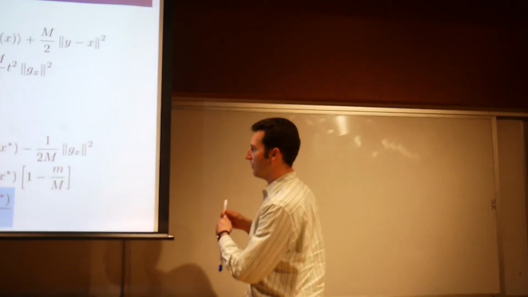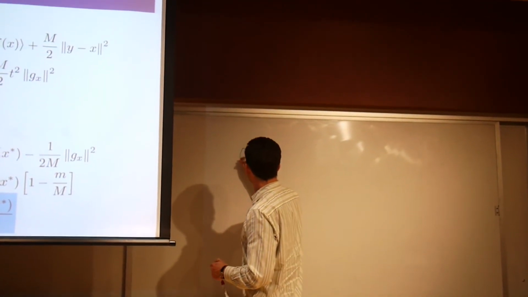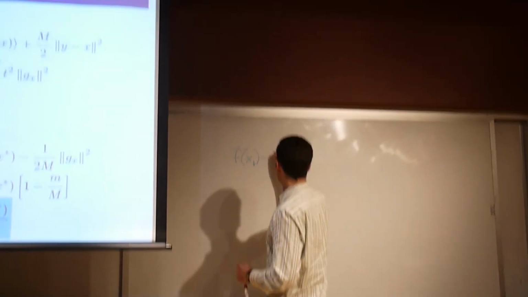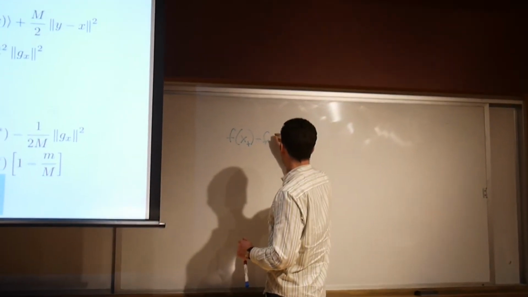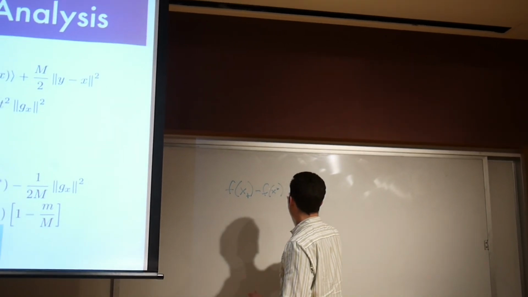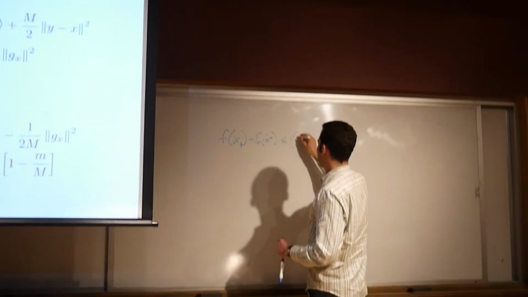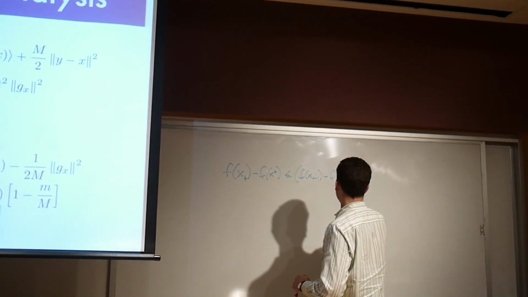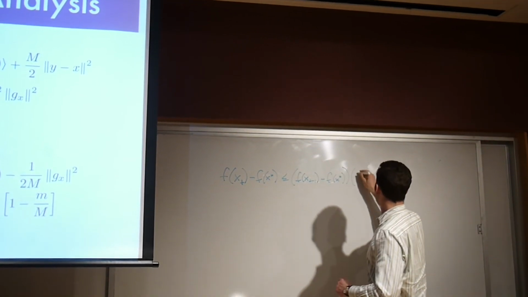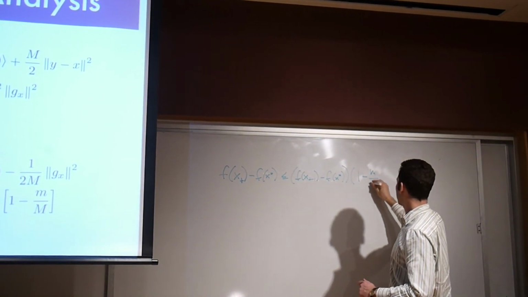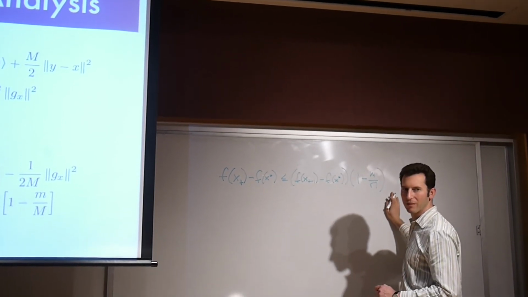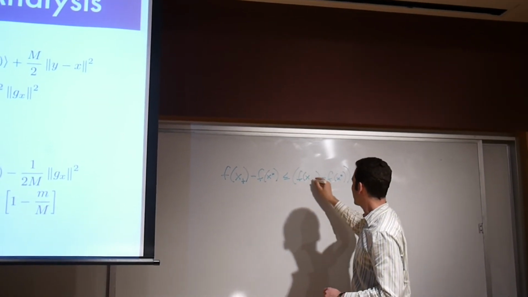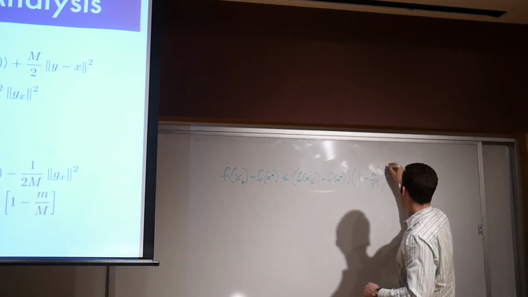What I have is that, giving it a counter t, f of x_t minus f of x star is less than or equal to f of x_{t-1} minus f of x star, times 1 minus little m over capital M. Now I can just iterate this inequality, get an f of x_0 here, and raise the factor to the power t.